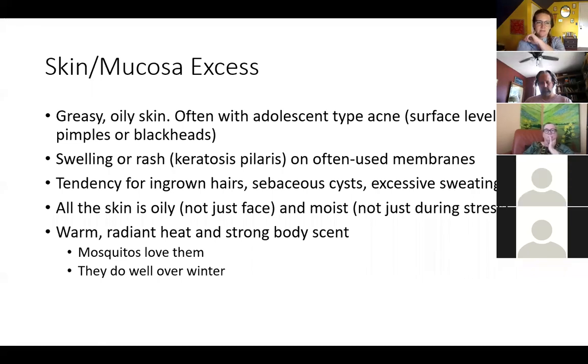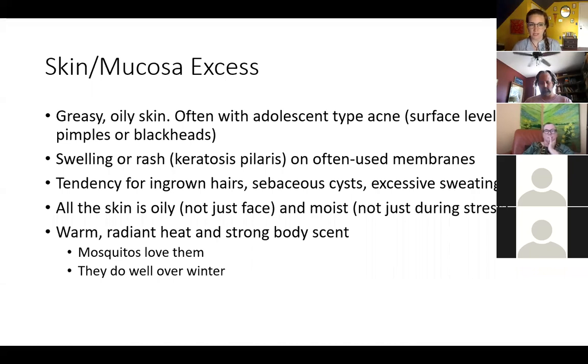And sometimes this excess can happen in some acute ways. When I looked that up, I was like, oh, I've had that before. Just this weird little rashy, itchy, pimply thing that's not connected to anything, it seems like, on often used membranes. So like your arms or something that you're always coming in contact with.